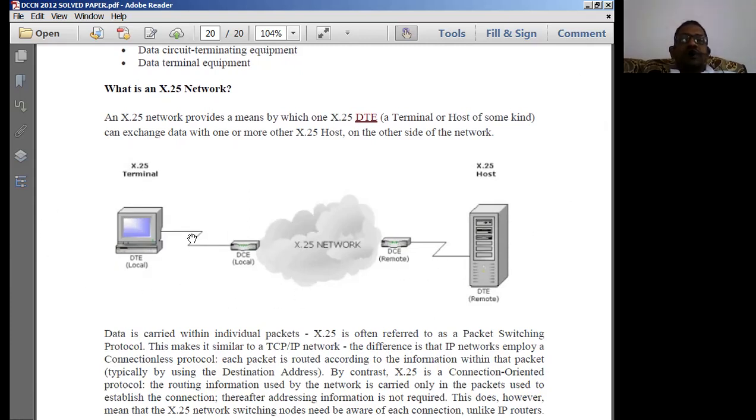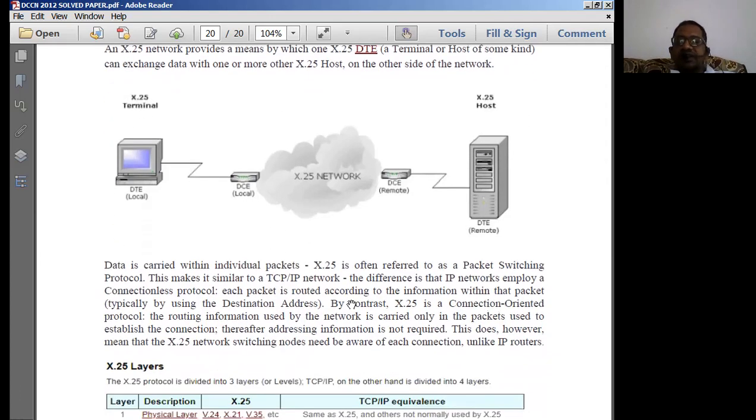So you're going to have a DTE at the source, a DTE host at the destination or a remote host at a faraway place, and you're going to have DCE, data communication equipment, kind of a modem, providing service to these two.